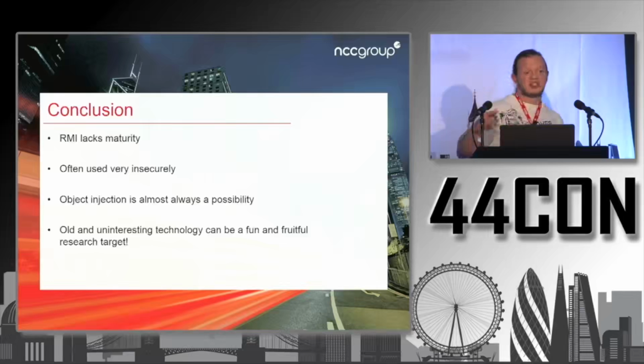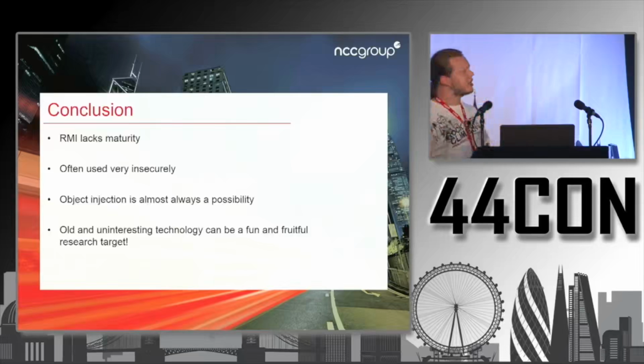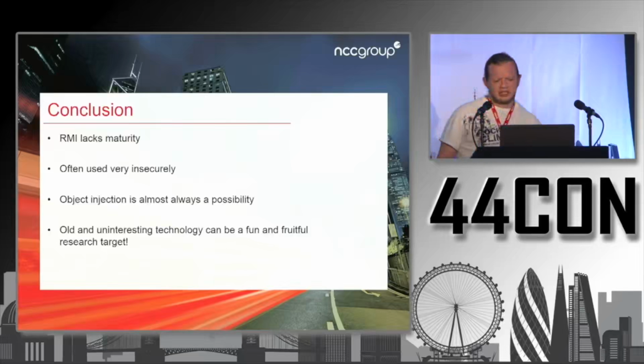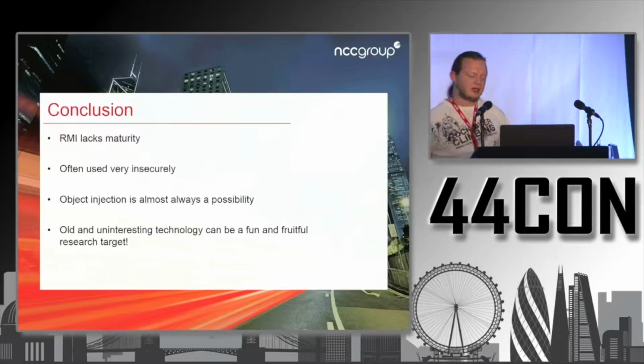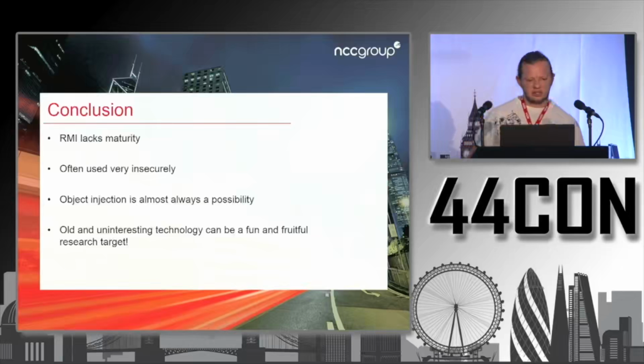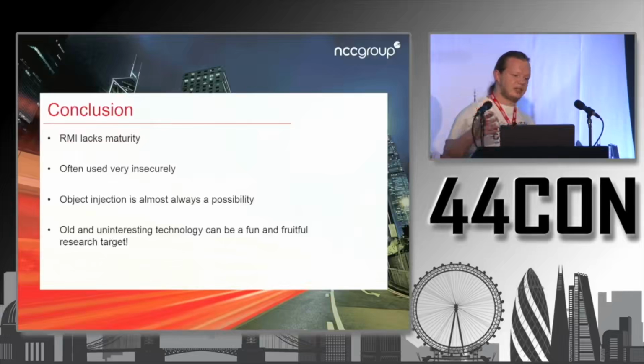In terms of this object injection thing, I just wanted to mention something because I reported a couple of issues to Oracle. There's a Java enhancement proposal, I think it's JEP 290, which in newer versions of Java allows you to configure a global deserialization filter. The idea is you can whitelist classes that can be deserialized.